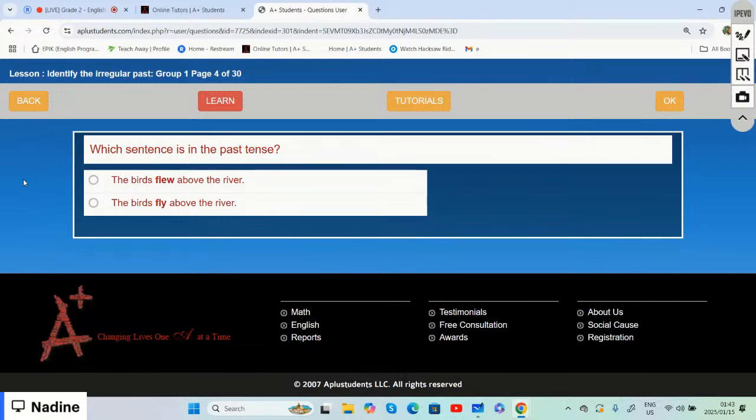So the birds flew above the river. We must select the past tense. Or do we say the birds fly above the river, to identify the past tense?